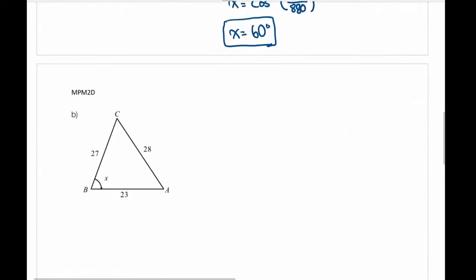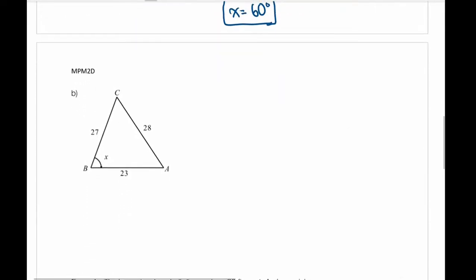So I'm going to move on to B. Same idea. You have a missing angle. You have all three sides. So you're going to use the cosine law to solve for the missing angle. It is labeled A, B, and C, so hopefully you can pick out the correct formula from going back up to make it a little bit easier.